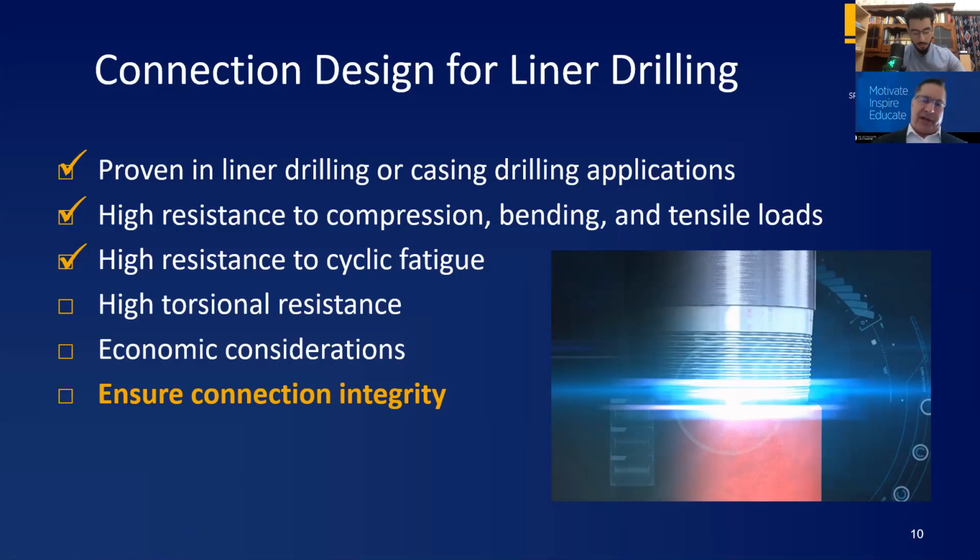Like I mentioned, you're going to be rotating for thousands of revolutions, especially in high dogleg severity. You want the connection vendor to provide cyclic fatigue data showing that, based on the longevity of your liner drilling job, those connections will hold up based on hole conditions. Very, very important. That's a key takeaway for connection designs. Obviously, you want high torsional resistance because you're rotating the liner.